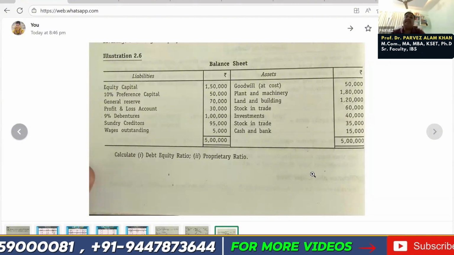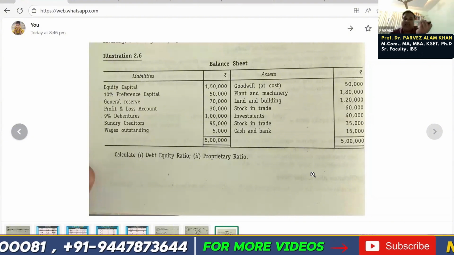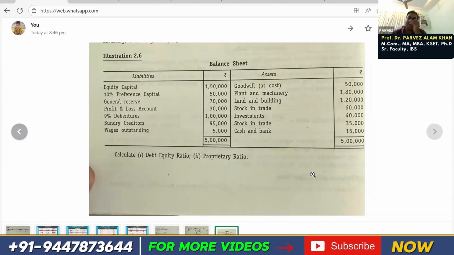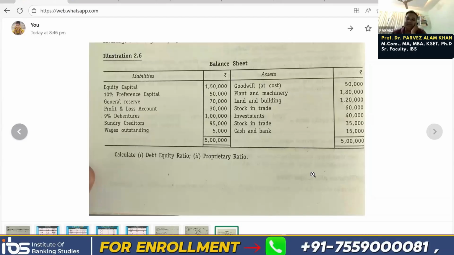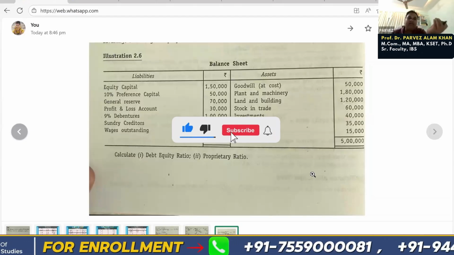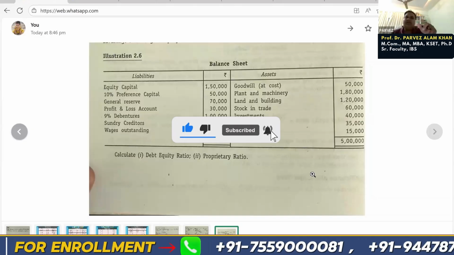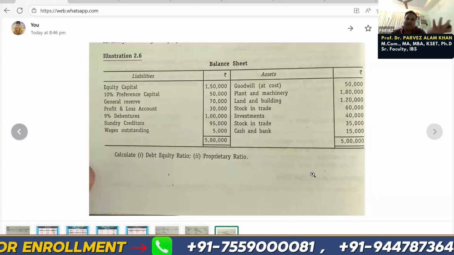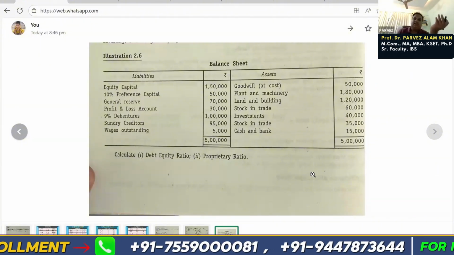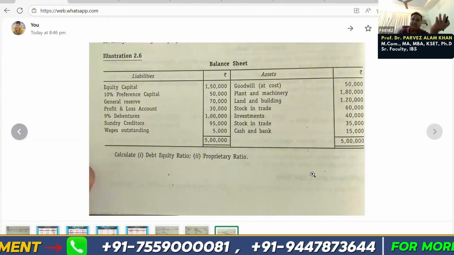Then debenture divided by shareholders fund. So which funds you will take? Equity capital, preference capital. So apart from debenture or loan, whatever you are seeing are for owners only, for shareholders only, right? General reserve, profit and loss.